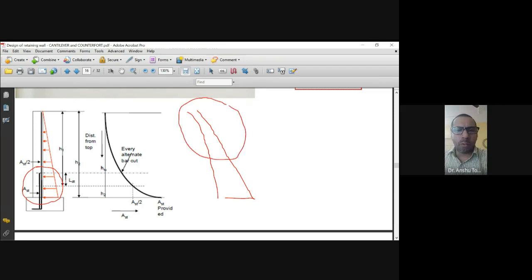So we have to curtail the reinforcement in the top part. Most of the moment is concentrated here at the support condition.